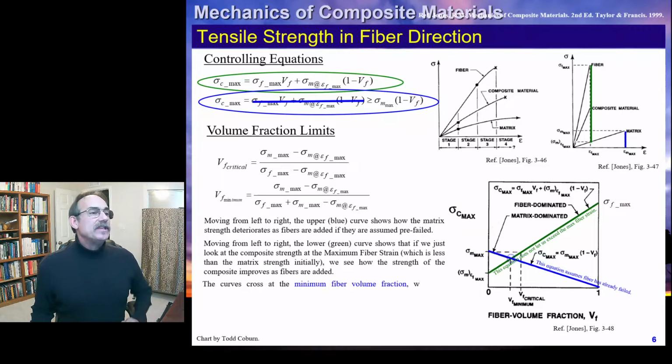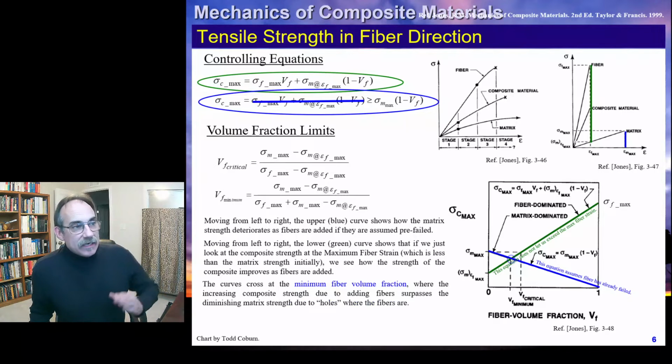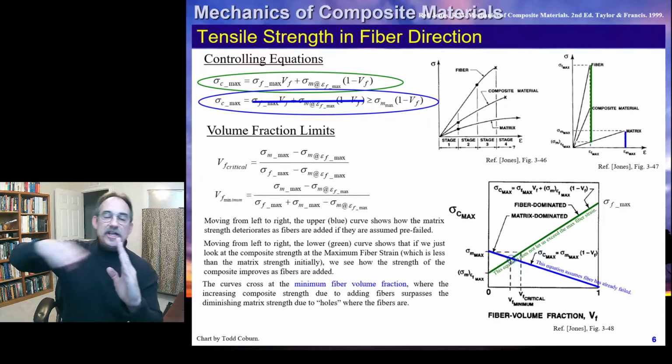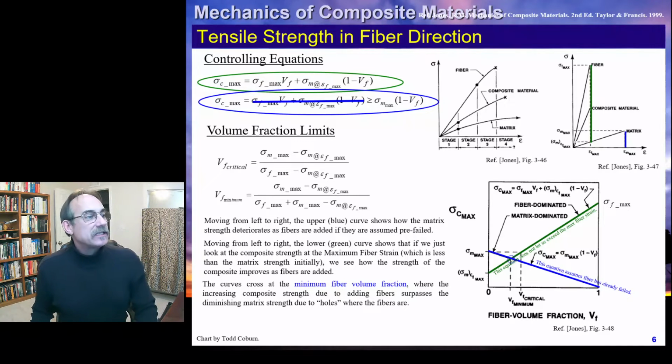Now, we see where these cross right here at the minimum fiber volume fraction. This is where the increasing strength of the composite, or the lamina, due to adding fibers, finally surpasses that diminishing curve from just cutting holes in the matrix. That's what that is. Okay?